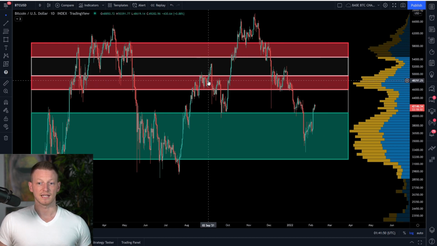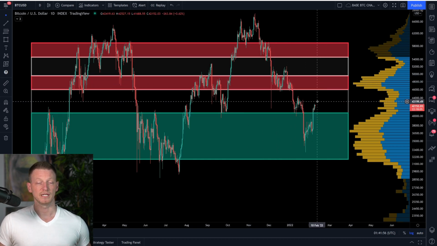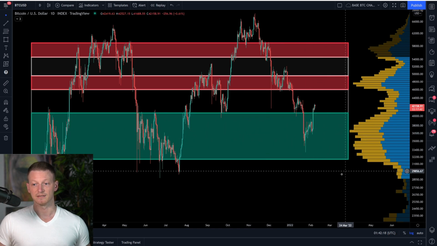So I think this level could act as a critical point if we continue up. Like I said, I don't know that we're going to continue up, but if we do, I'm expecting this to be a critical level. And we're going to want to see the market be able to hold these levels from 46,000 up to 50K. If we can't hold that, you could see us flying back down into these levels again, right?